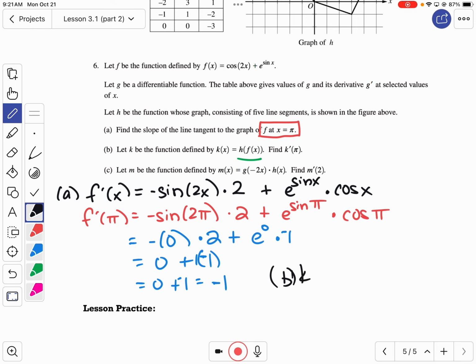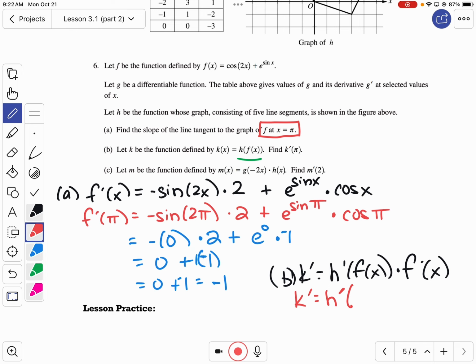So k prime is going to equal h prime of f of x times f prime of x. Let's see, f at, we're going to plug in what? Pi? Okay, I'm going to go up here and do that.